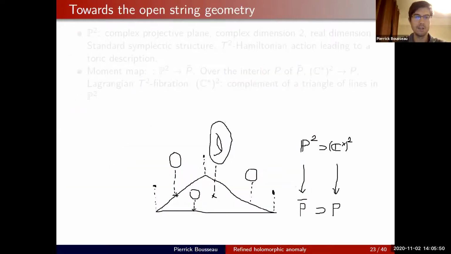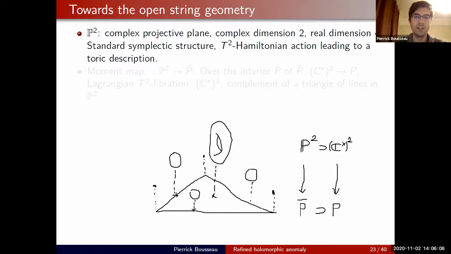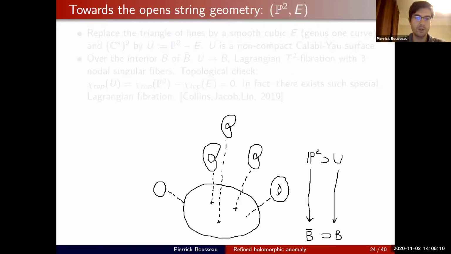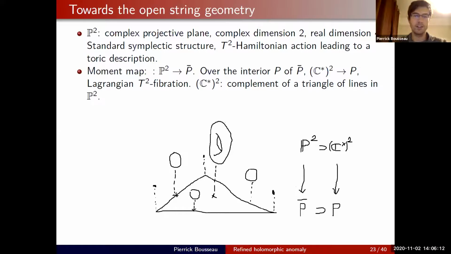So here I'm starting to describe a different geometry where the open topological string will live. So maybe for one moment, we should forget about local P2 and start from scratch defining a new geometry, which will be closely related, but will not be local P2. Here I just recall some standard toric geometry.